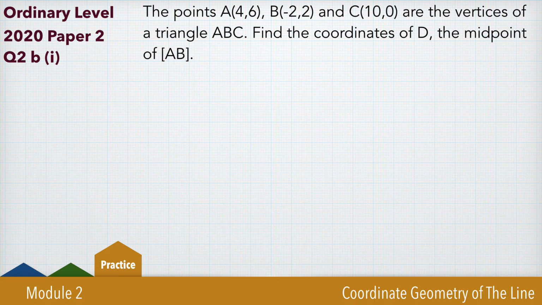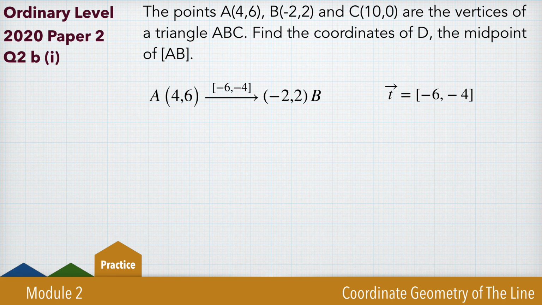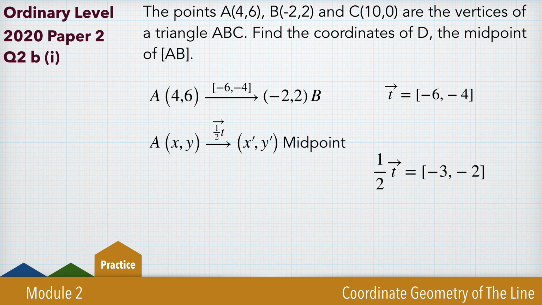We start by determining the operation of the translation of A to B. So we work out what happened to the x-coordinate and then the y-coordinate. The operation is -6, -4. We must now halve this operation, giving us -3, -2. Applying this operation onto the point A gives us a midpoint coordinate of 1, 4. So D is the point 1, 4.